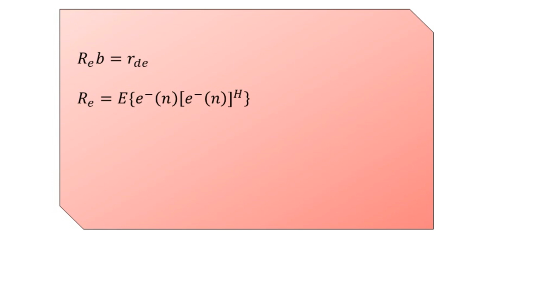We have been denoting it with the letter capital R, and this is for the backward prediction error, and there it is the cross correlation between the desired process and the backward prediction error, that it is shown as R suffix de, it is equal to the expected value of d of n multiplied to the Hermitian of e to the power minus, only the minus sign of small n here.